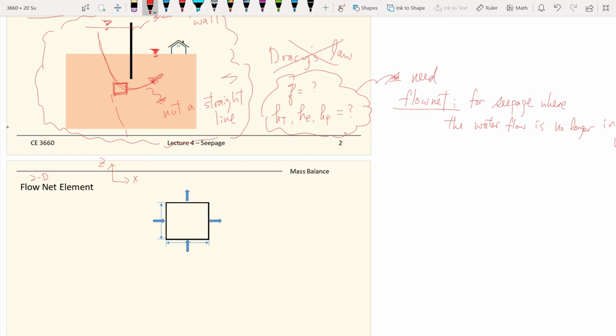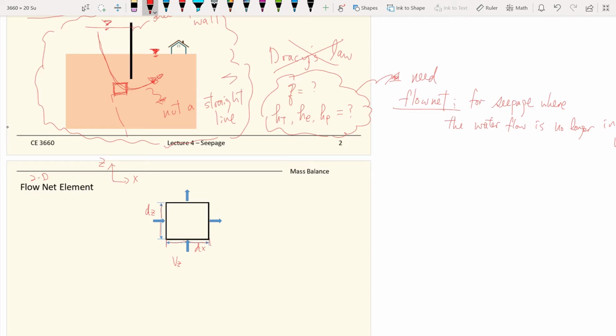For this piece of soil element here, we say this side has a length of dx, and the vertical length we say this element is dz. So we have dx and dz. For the water going in the z direction, it is now the velocity times the area.